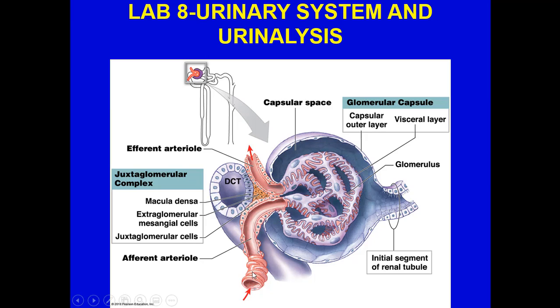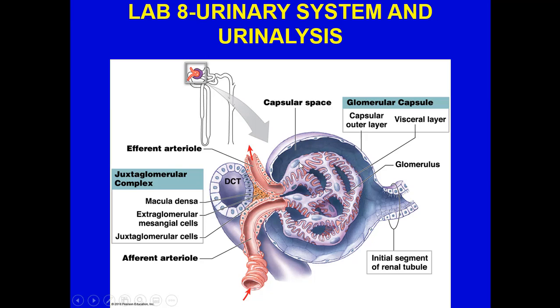The afferent arteriole, as you can see with some of the peritubular capillaries, and we move into this area, we have filtration occurring through this glomerulus. And you have the visceral layer right here.